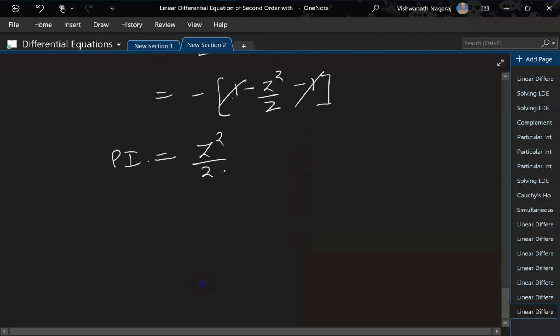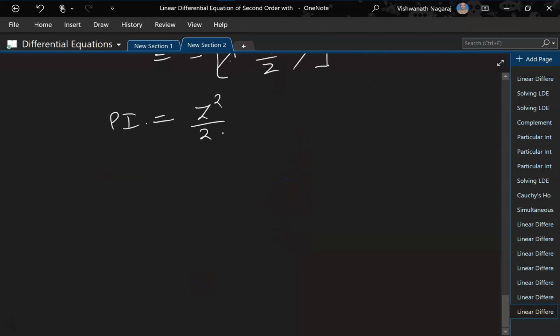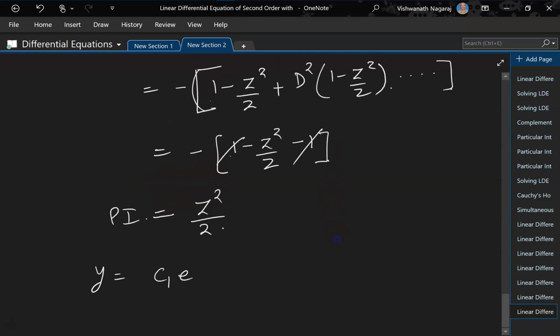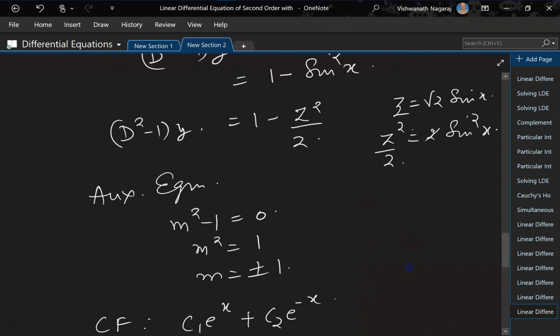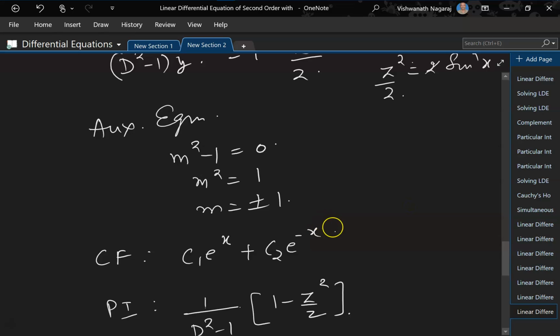So our solution becomes what? Our solution becomes y is equal to c1 e to the power of, I think I have made a mistake here. This would be z, and this would be minus z, right?